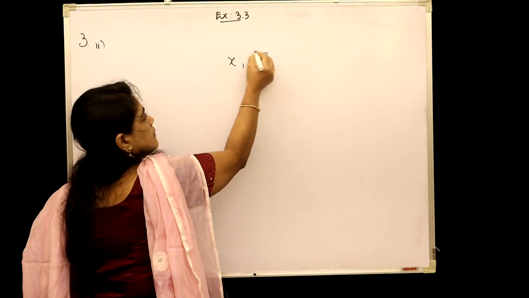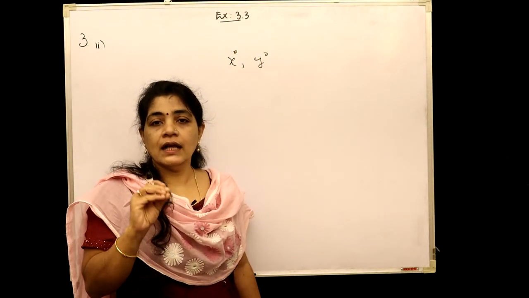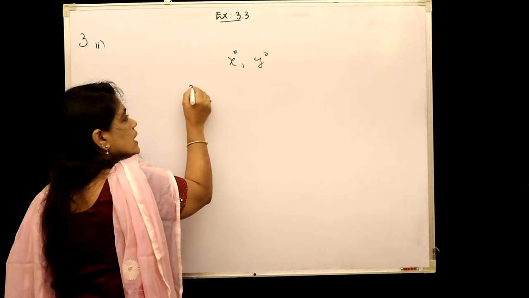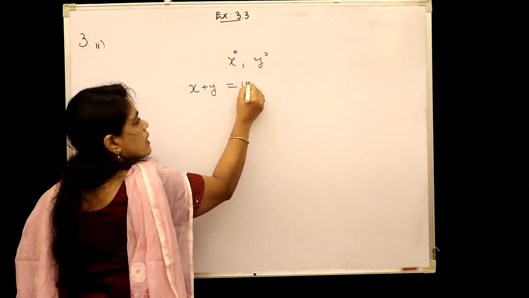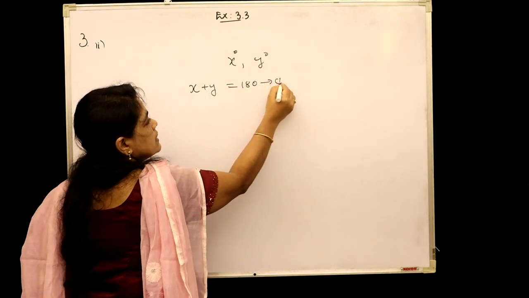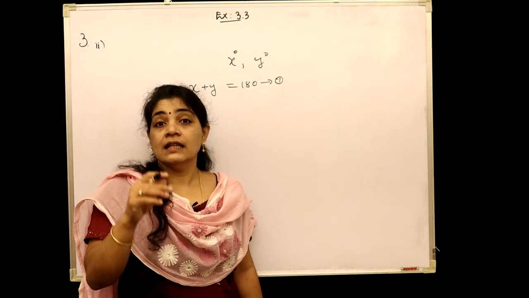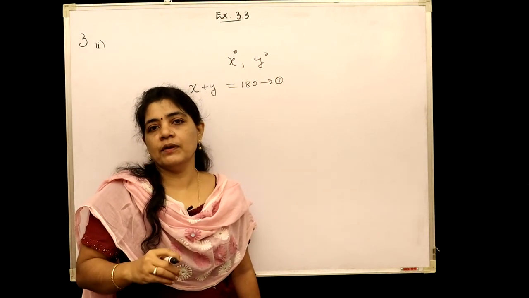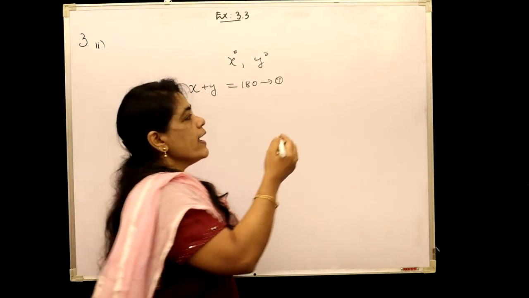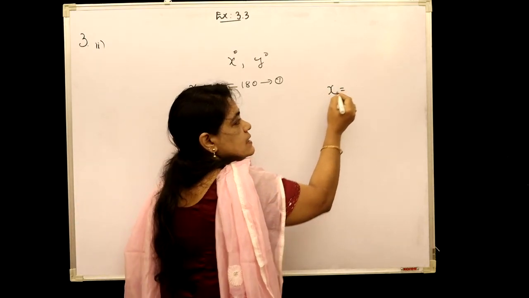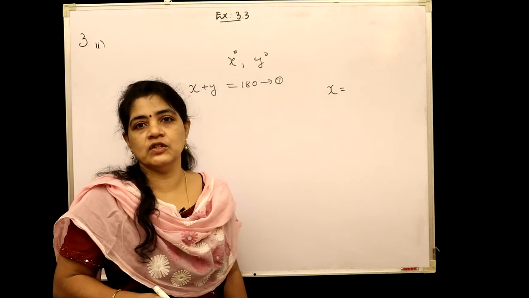Since they are supplementary to each other, we have the first equation, x plus y is equal to 180 degrees. And we have one clue: the larger of these supplementary angles. So we have taken x as the larger angle. So x exceeds the smaller by 18.